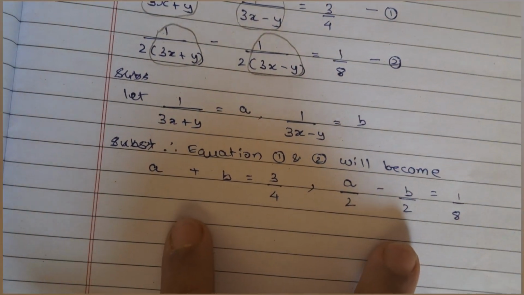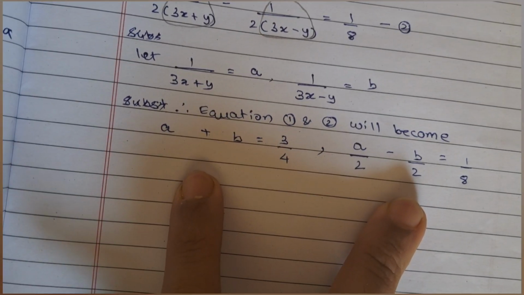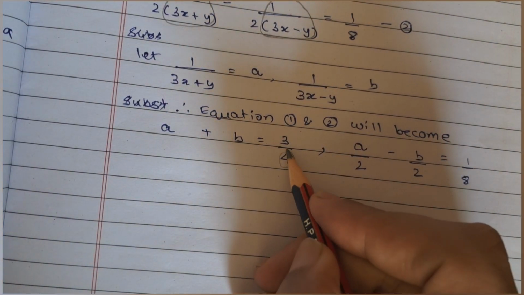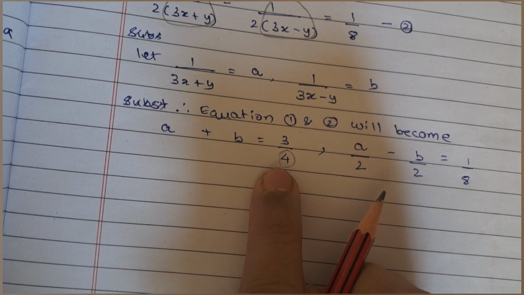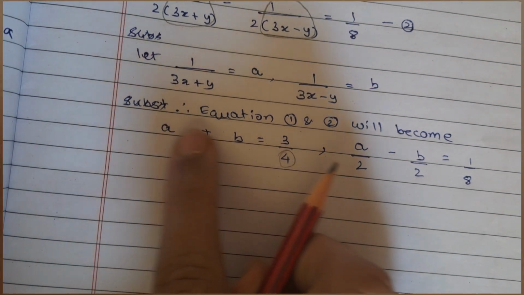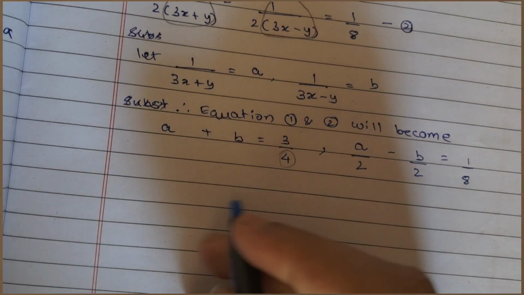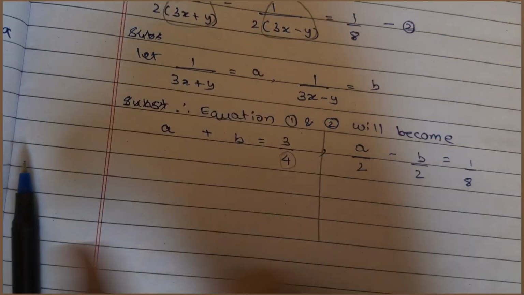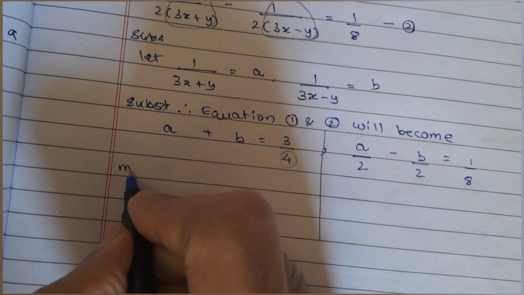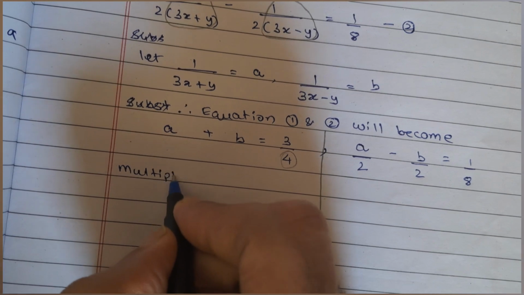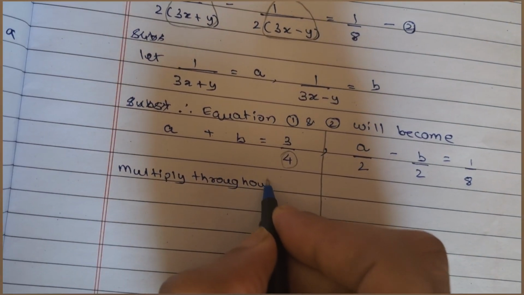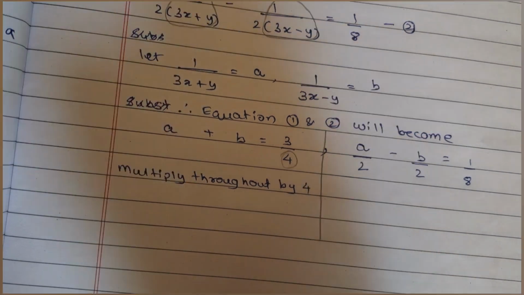But still, these two equations are not clear enough to be numbered as such. So I will try to get rid of this 4 in the first place. How to get rid of this 4? I will multiply throughout by 4, isn't it? So here I will bifurcate this into two pieces like this, and multiply throughout by 4.